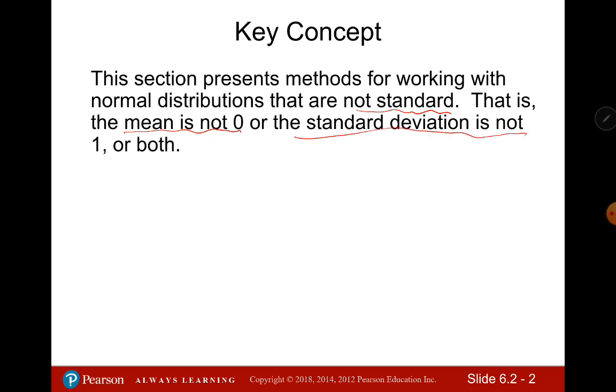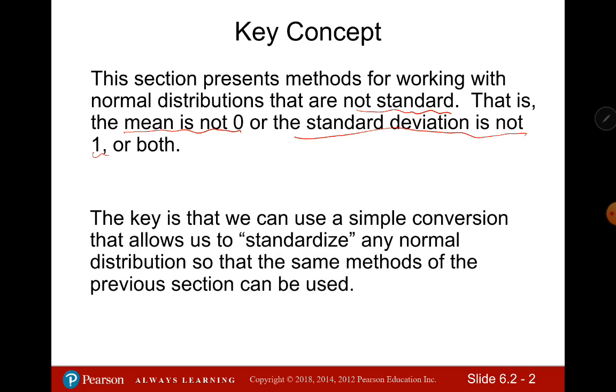If the normal distribution is not a standard one, we need to standardize it first, because after we standardize the general one to the standard one, then we can use the z-table. Remember, the z-table is just about the standard normal distribution. So that's why we need to standardize.